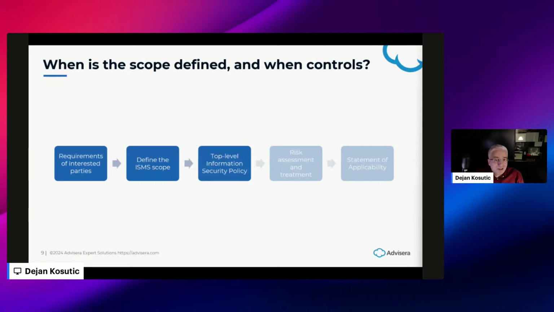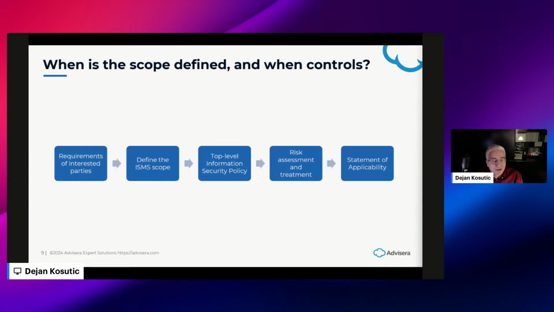Now after that comes the definition of the top level information security policy. After that you go through the risk assessment and treatment, and only after that you go for the statement of applicability, and in the statement of applicability you define which controls you're going to apply and which controls you're not going to apply.